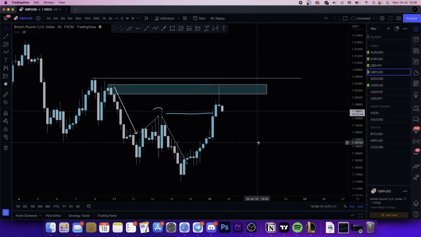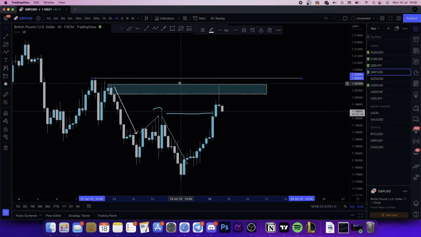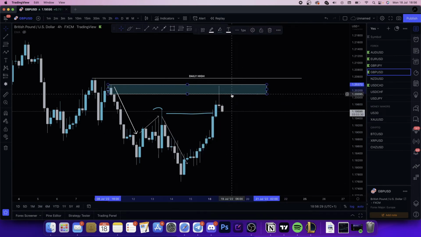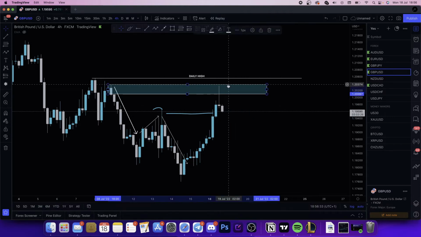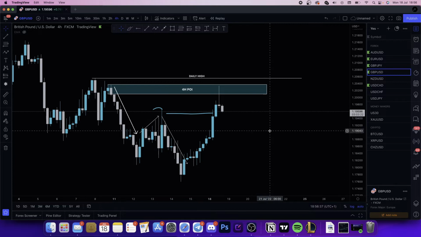We're aware of the daily. We're not really analyzing on it, but we are aware of it. As you can see, this is the daily high. I will just mark this so it makes it clear. Daily high. And I'll mark this as well, 4-hour point of interest. So this is how we're looking now.